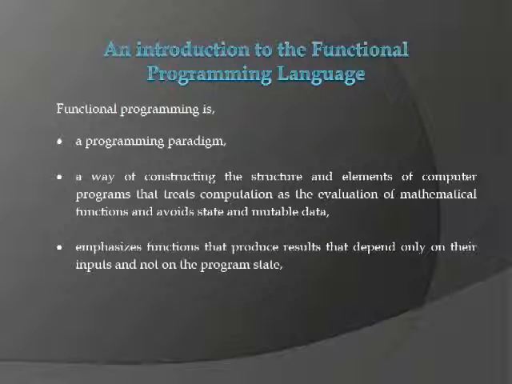Functional programming emphasizes functions that produce results that depend only on their inputs and not on the program state. It is a declarative programming paradigm, which means programming is done with expressions.